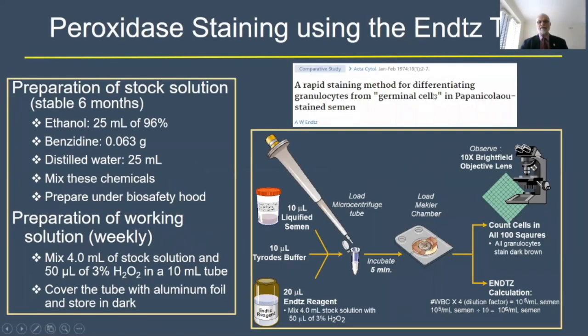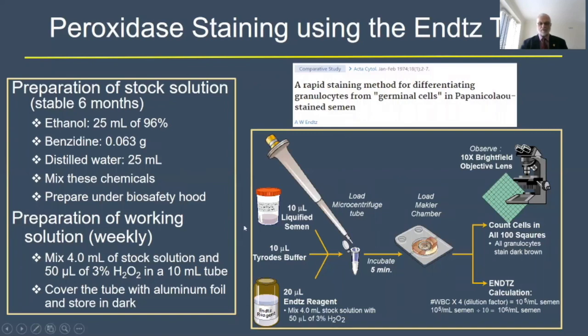On the other hand, there is the ENS test available, which is named after the person who first described this test in 1974. We also need to prepare all these stock solutions, which are stable for about 6 months, and then the working solution should be prepared on a weekly basis.